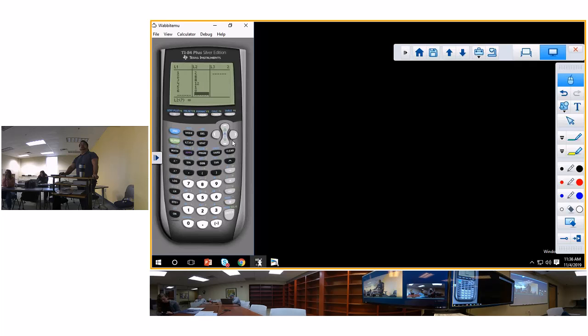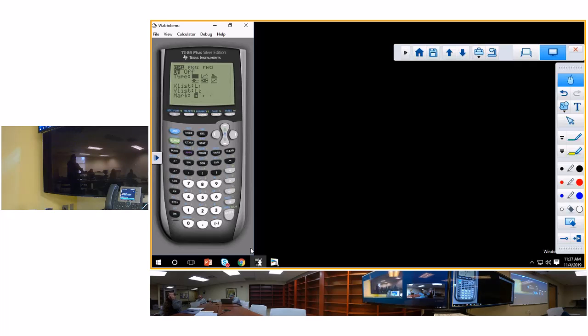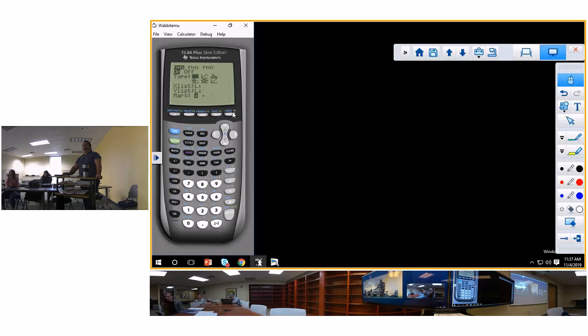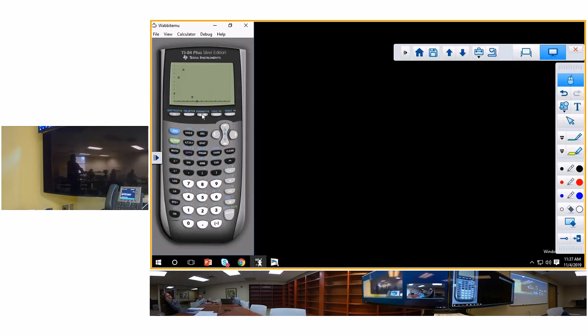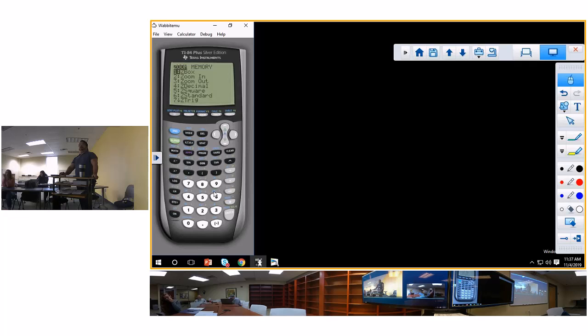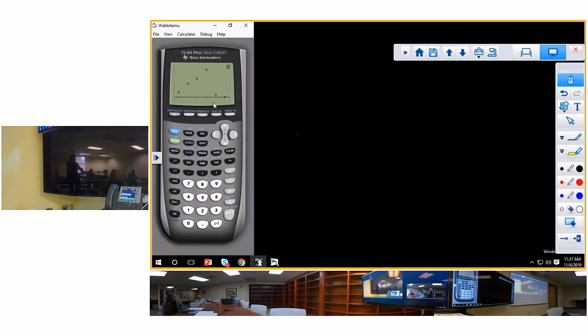And now I'm going to hit second, Y equals, enter, and I'm going to do a dot plot this time. I'm going to hit the dot plot, that first one right there, and I'm going to hit graph. And there it is. Now, you don't see it all, so you hit zoom and 9 for stat. There it is. It still didn't do it. So I'm going to hit second. I did do a dot plot. Okay. And there's your dot plot.